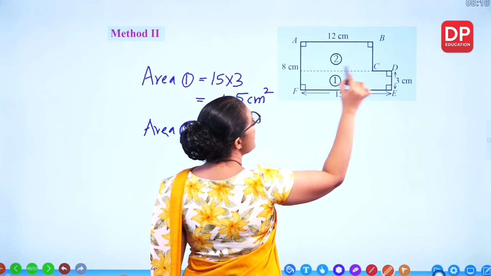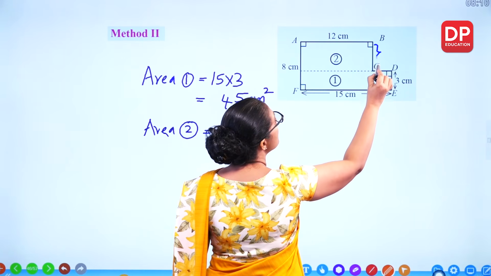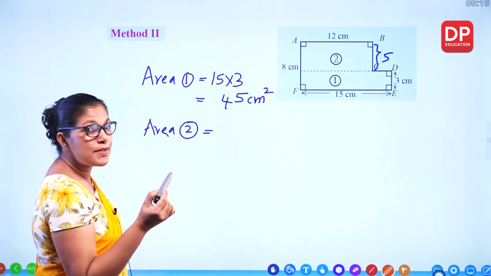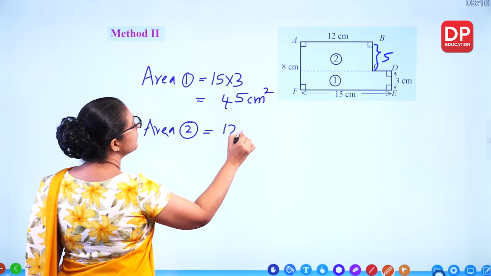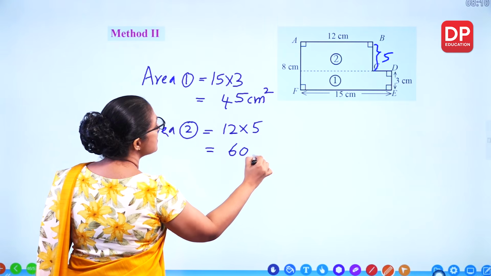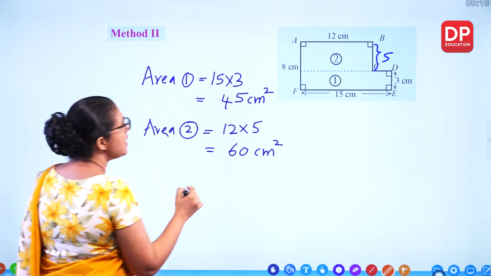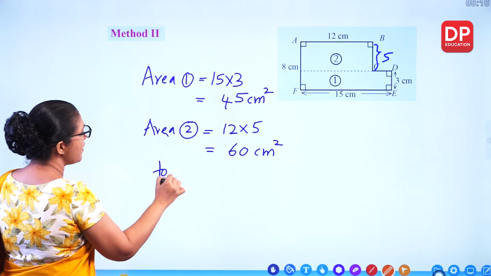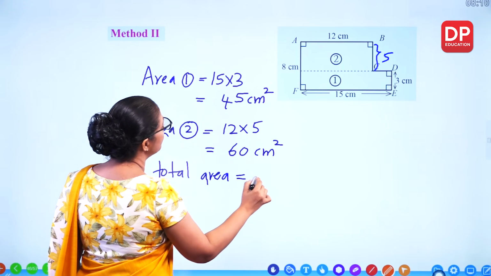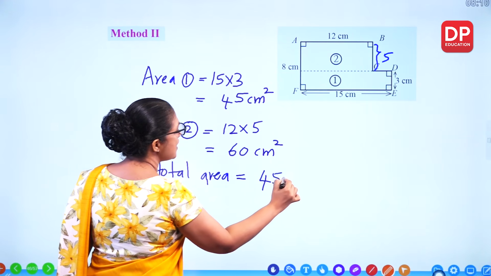This whole thing is 8, this is 3, this becomes 5. 8 minus 3. So 12 times 5, 60 square centimeters. So what's the total area? 45 plus 60.